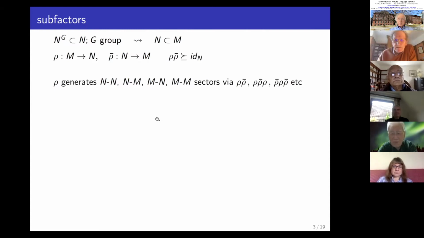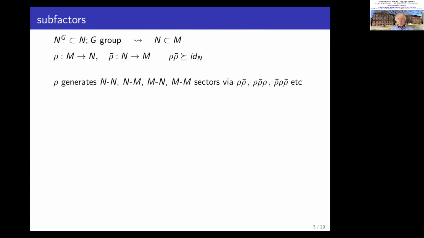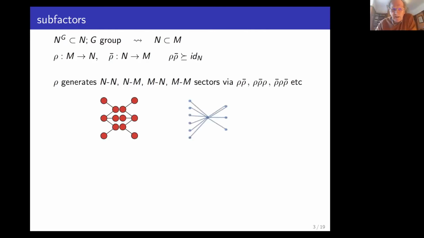If you decompose these into irreducibles, and suppose only finitely many occur, that's the rational case, then you have graphs like this appearing. Say the first column here is the N to N endomorphisms. The final column is the M to M endomorphisms or sectors. And in between you've got N to M and M to N and so on.